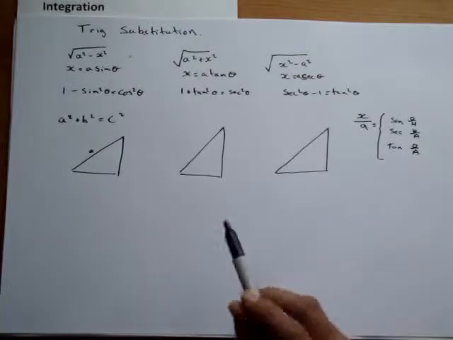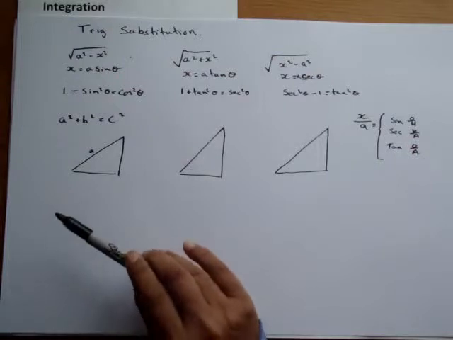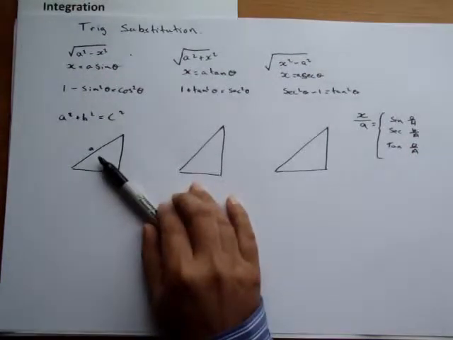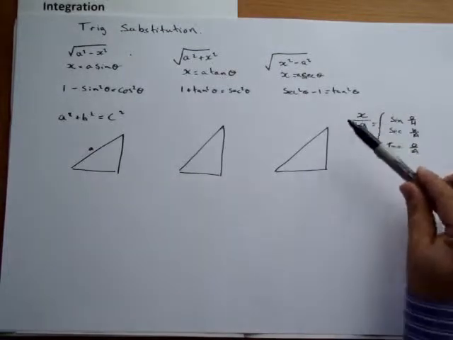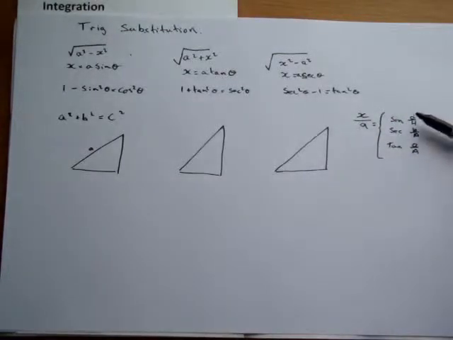So in this case we've got a is the hypotenuse and we want x over a to equal one of these. So where x over a, we have the sine, so that'll be the opposite over the hypotenuse.